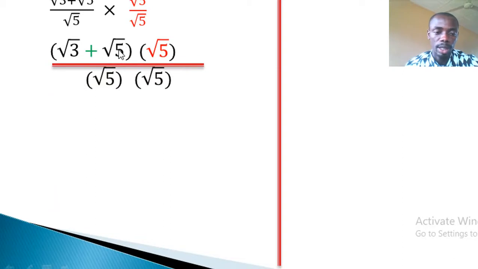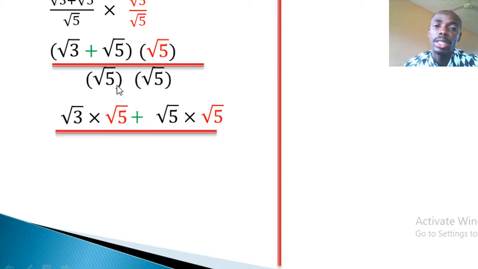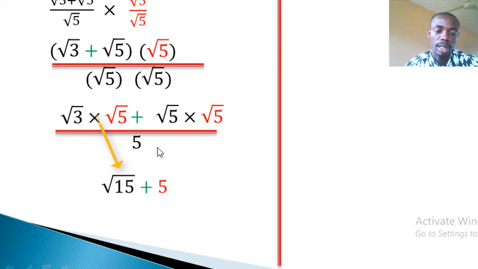So now after that, from here we can get root 3 multiplied by root 5 and plus root 5 multiplied by root 5. Just like we get it there. So simplifying the brackets, everything over root 5 multiplied by root 5, that is going to give us 5, like we have it here. Now after that, let's simplify what we have here. So root 3 multiplied by root 5, that gives root 15. Then root 5 multiplied by root 5, that gives 5. Okay, then everything still over 5.